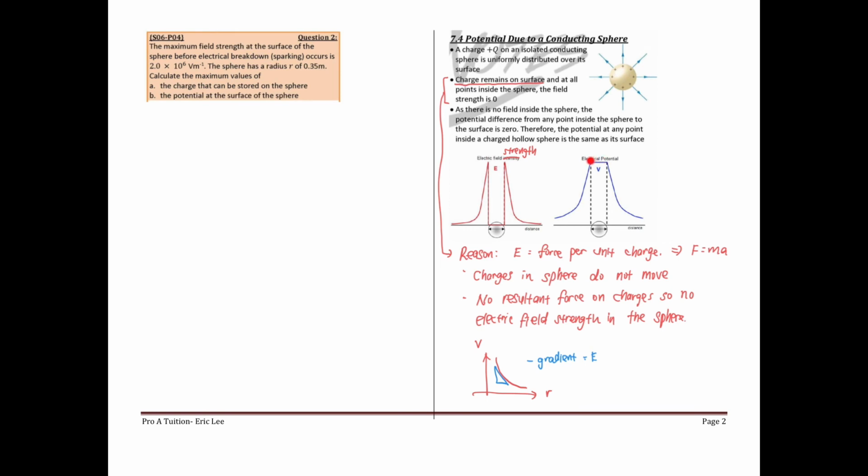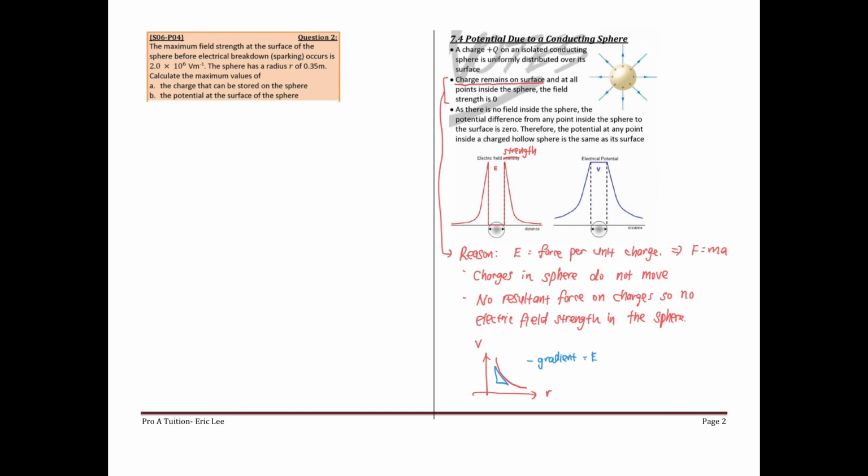Zero gradient means the graph is horizontal. So we can take it by using gradients, or over here they are trying to explain why.